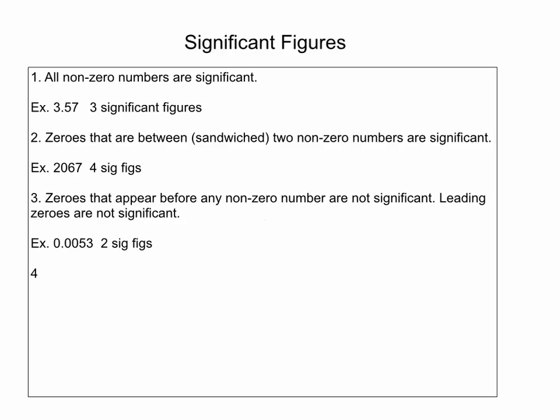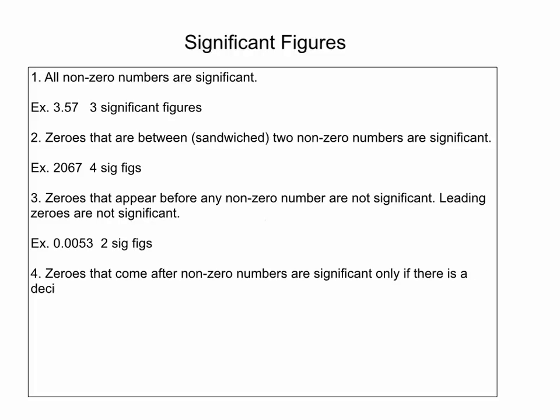Our fourth and final rule deals with zeros at the end of a number. Zeros that come after non-zero numbers are significant only if there is a decimal point in the number.